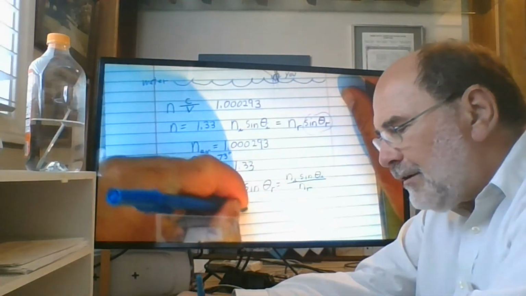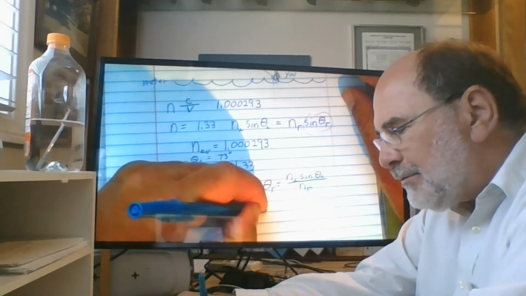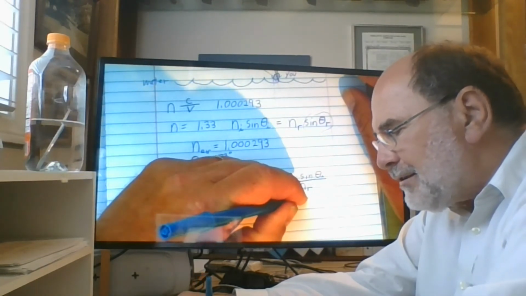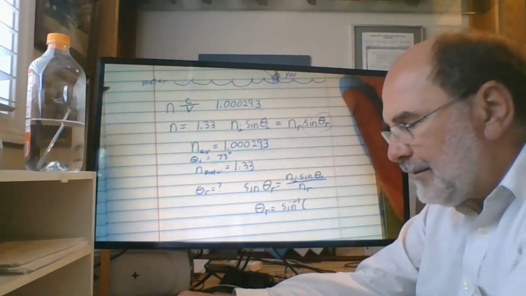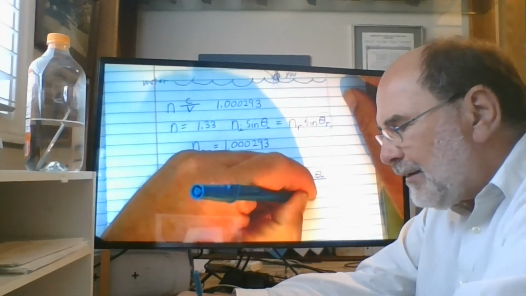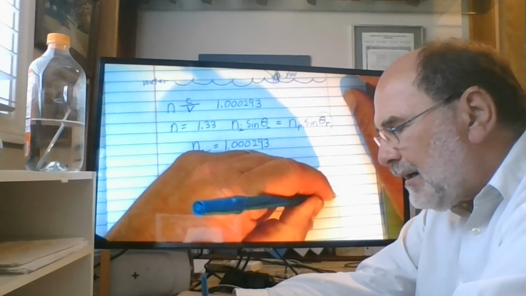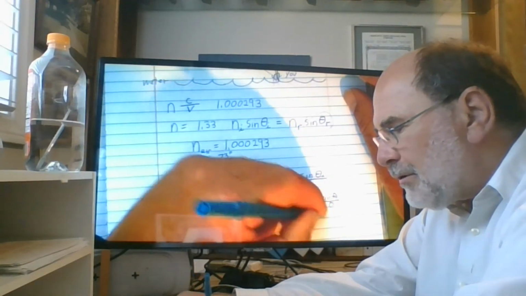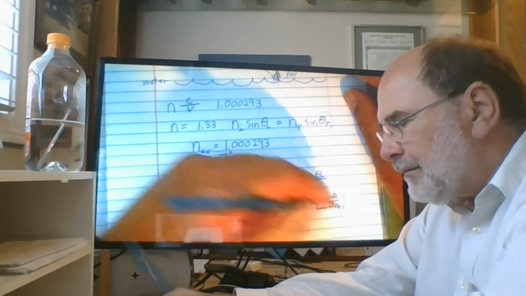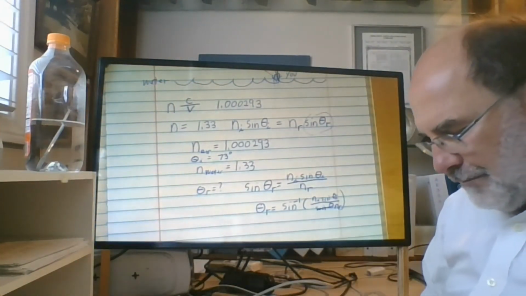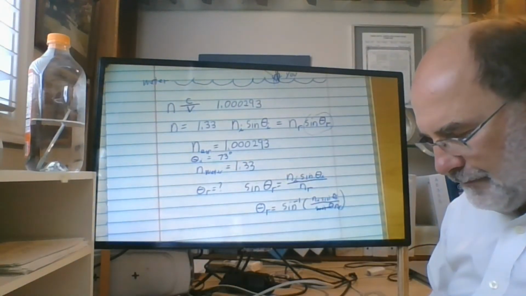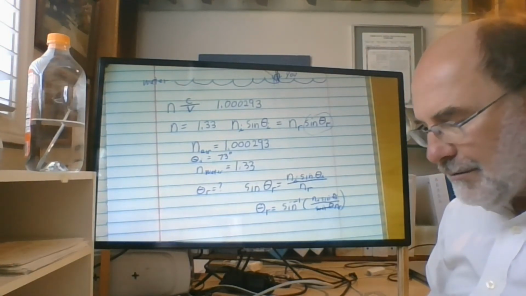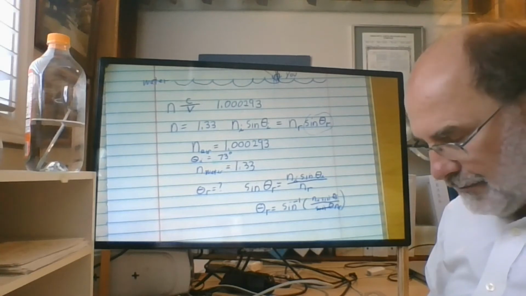And last of all, you're going to have to get the angle by taking the inverse sine of all of that. So inverse sine of n sub i sine theta i over n sub r. Okay, now beat me. Of course, you should check your calculator, make sure it's set in degrees, not radians.